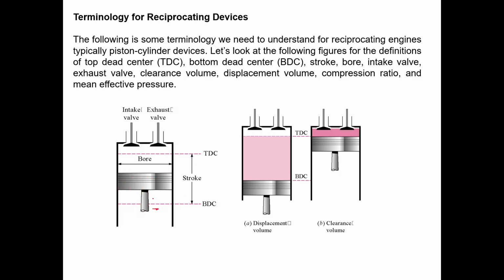Then you have the intake valve, through which the intake air, basically the air plus fuel mixture, comes into the cylinder, and the exhaust gas goes out through the exhaust valve. Then you have the intake manifold and the exhaust manifold. And these valves can open and close.